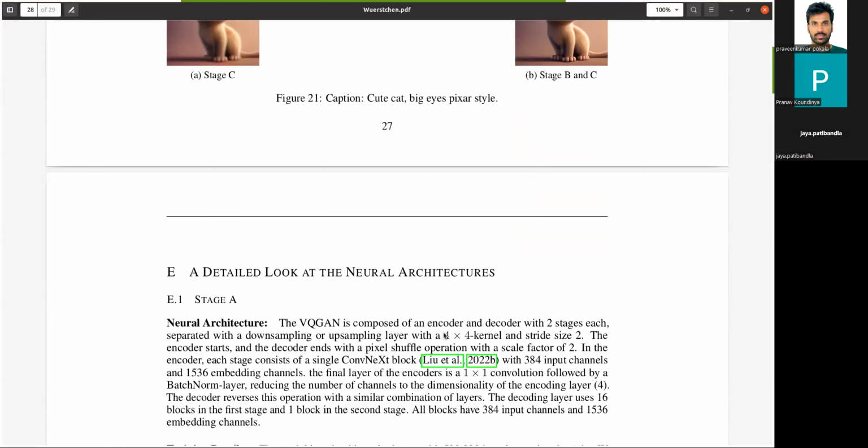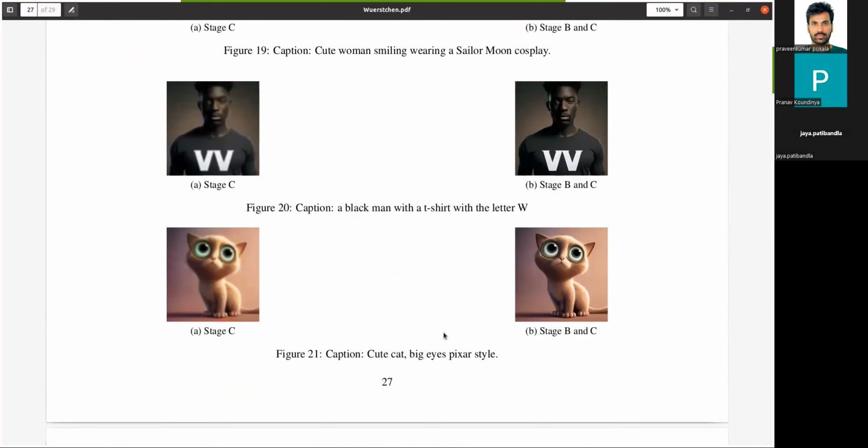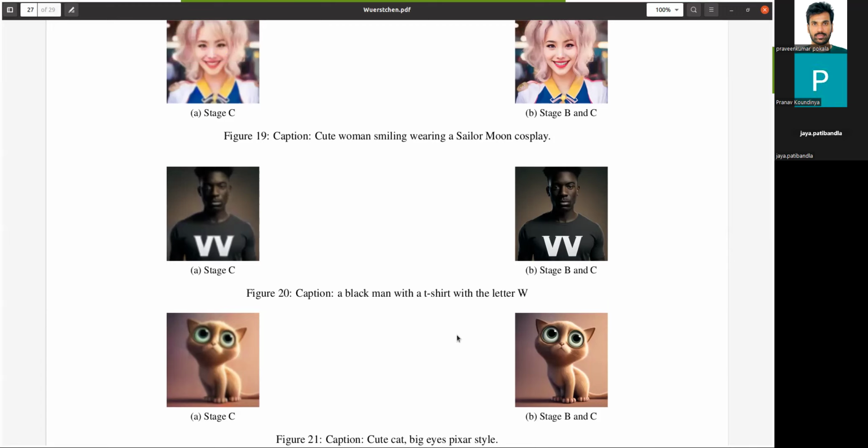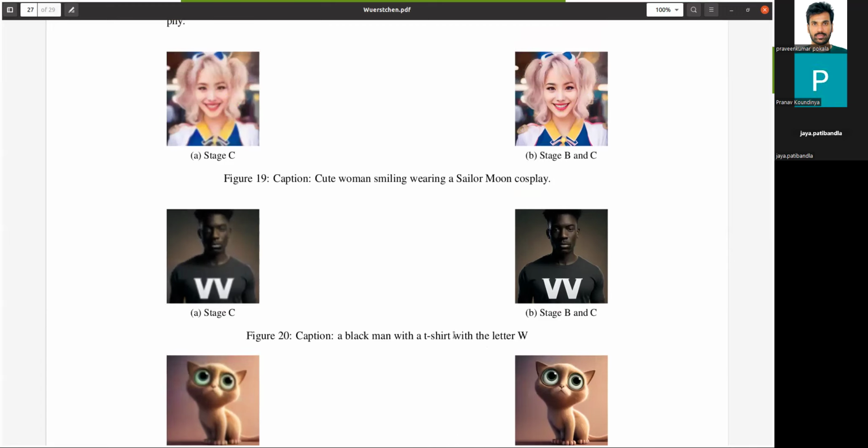Suppose there is only stage C, so it brings the semantic content, but the resolution is blurred, low resolution. So stage B and stage C together help in bringing the high resolution information. In a way, they suggested that stage C brings the semantic content and stage B brings those details. So it is basically a super resolution that stage B performs. This page is actually very nice about the stage B and stage C interpretation.